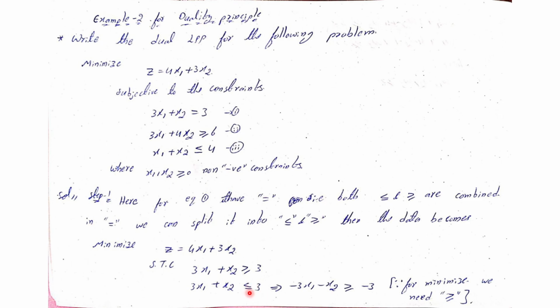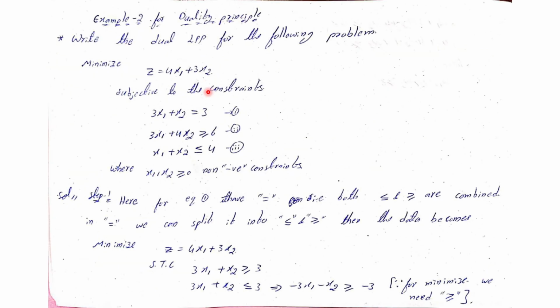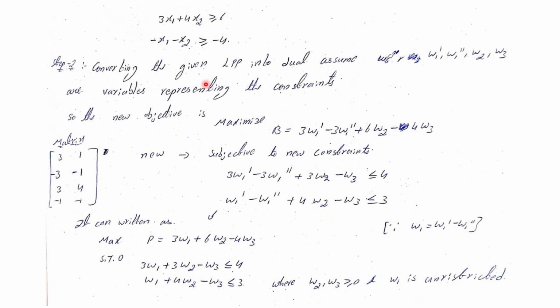So to convert this less than or equal to into greater than or equal to, multiply by minus on both sides, we get minus 3x1 minus x2 greater than or equal to minus 3, and the third equation is 3x1 plus 4x2 greater than or equal to 6, and the fourth equation is in less than constraint, so we have to modify it into greater than.